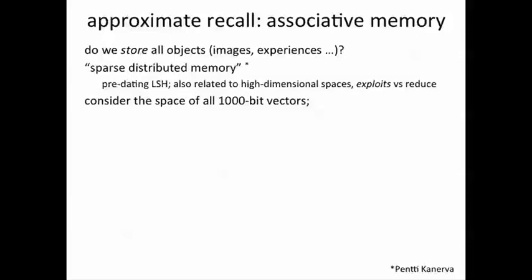An example of a high dimensional space that we've already seen is the space of 1,000-bit vectors, such as all possible grid cells of 25 by 40 with ones and zeros that we use for fingerprints. There are lots of these, 2 to the 1,000, many, many hundreds of zeros behind that.